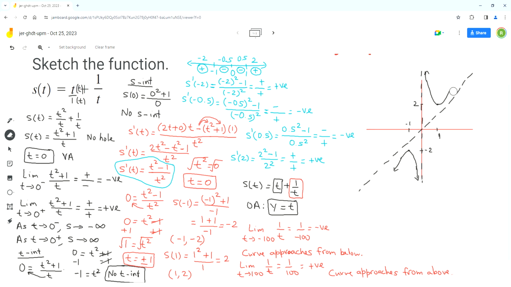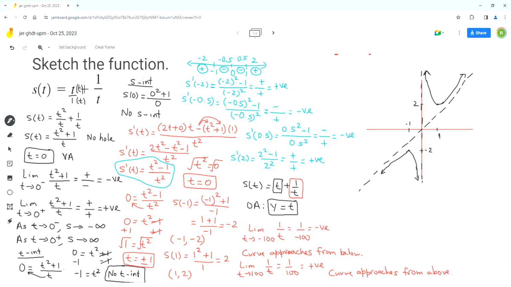We can just modify the curve a little bit to show it moving along the oblique asymptote. So this should be the sketch of this function.